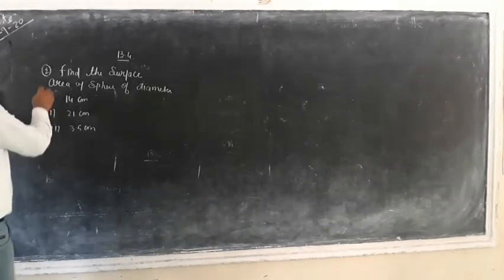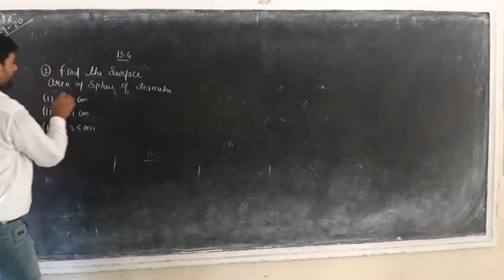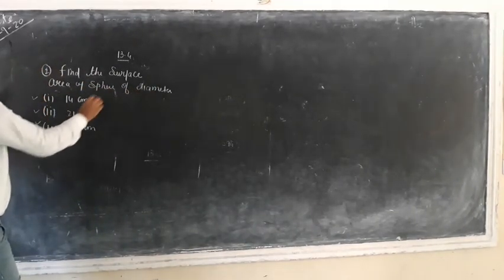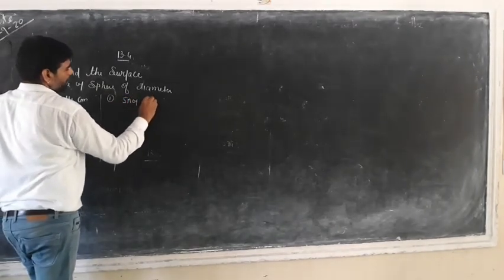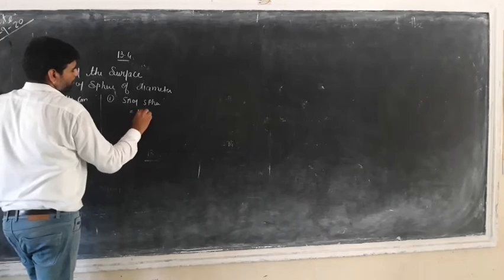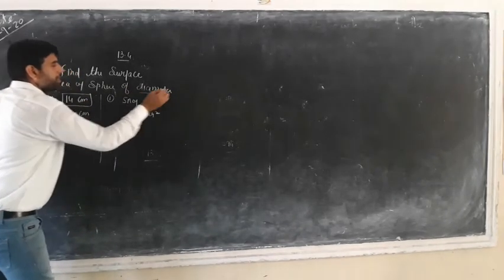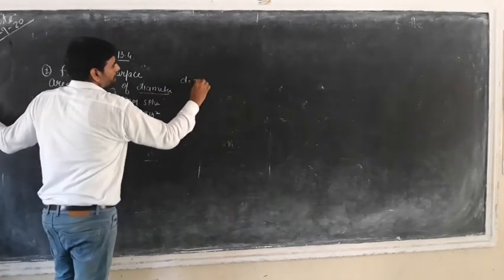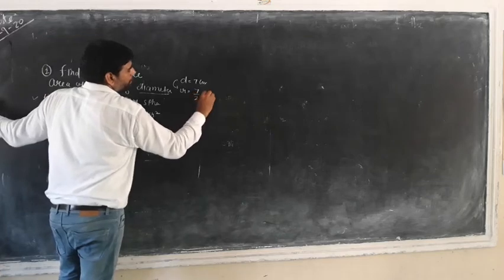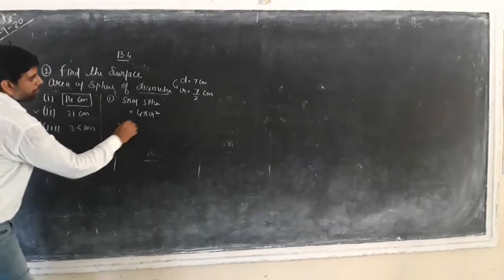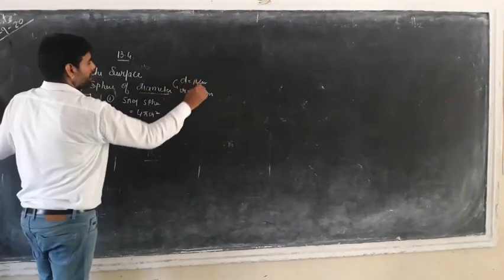Okay, next question. Second, find the surface area of a sphere whose diameter is given. The surface area of a sphere is equal to 4πr². But in the given question, this is a diameter. Diameter is equal to 7 centimeter. Radius is equal to half of the diameter, which is 7/2 centimeter. So we put the radius as 7/2. In the first question, diameter is equal to 14 centimeter.